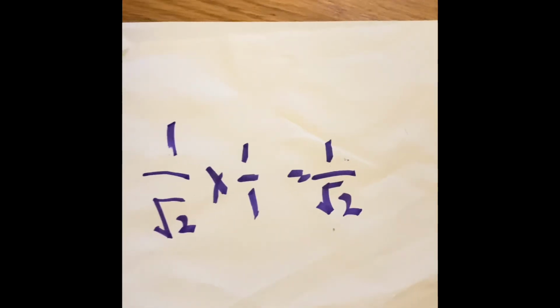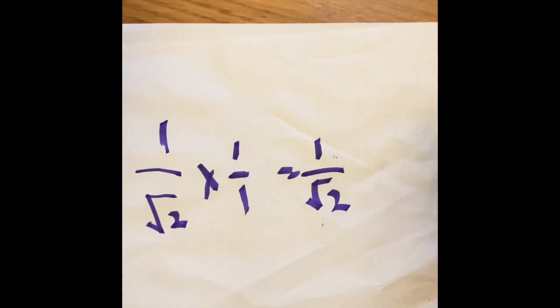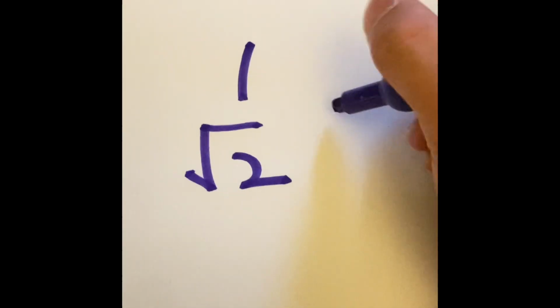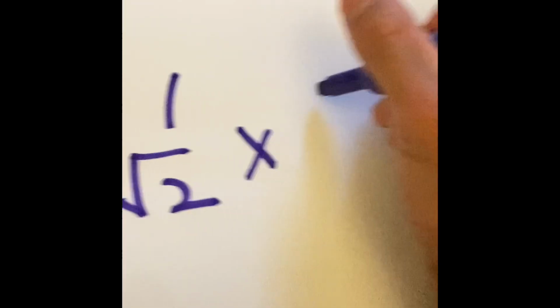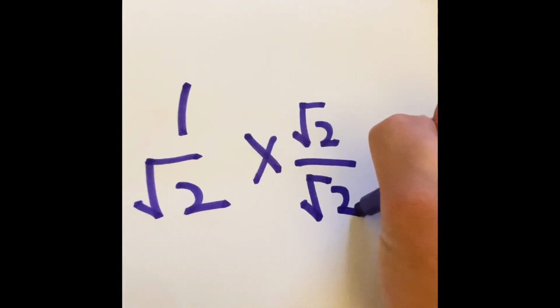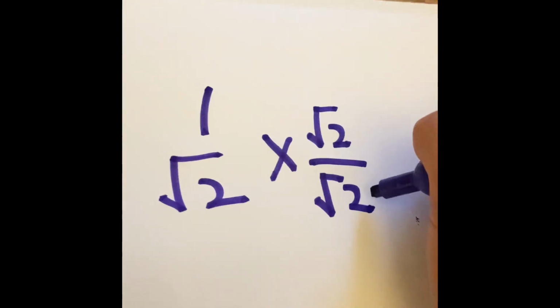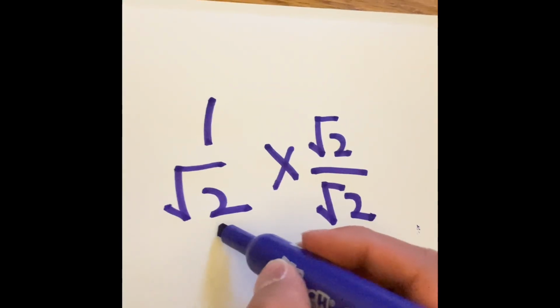You know what the actual process is? How we can complete the puzzle? Well, what happens when we multiply the top by the square root of 2 and the bottom by the square root of 2? When we do that, we can immediately get rid of the radical in the denominator.